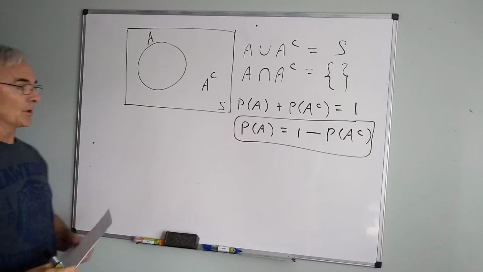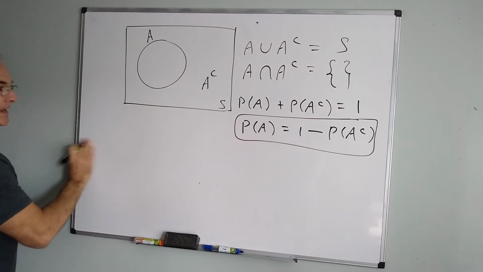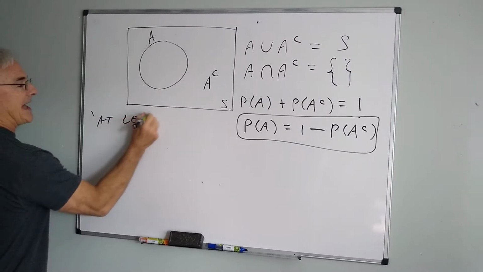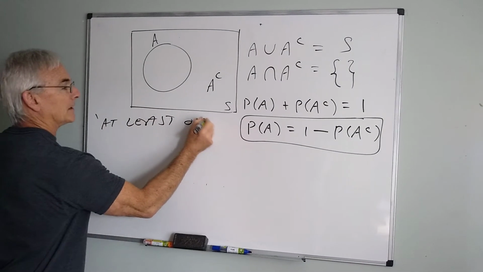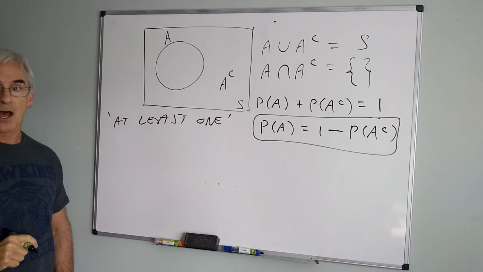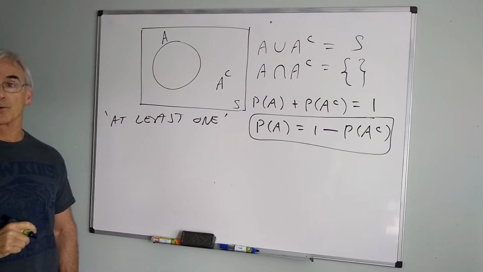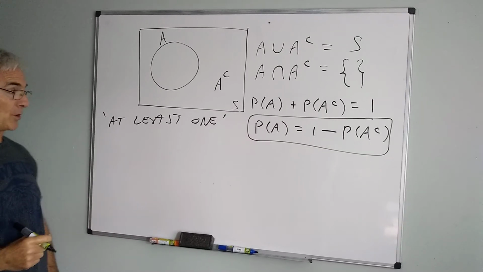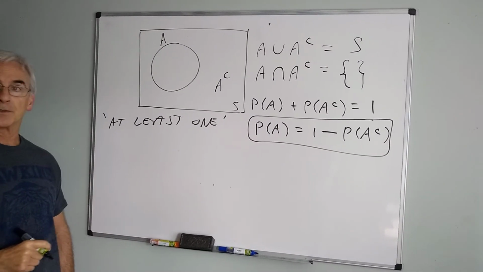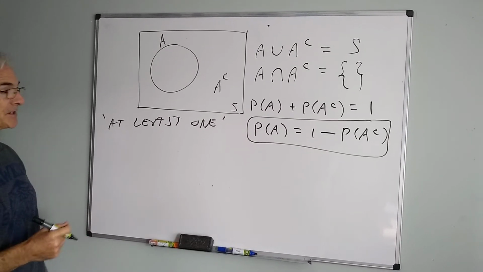And that leads to a really nice feature, and we call it the probability of at least 1. You want to do a repeated experiment where the probability does not change, something like flipping a coin over and over again, or playing a slot machine over and over again. And the probability of at least one occurrence of the event being successful.